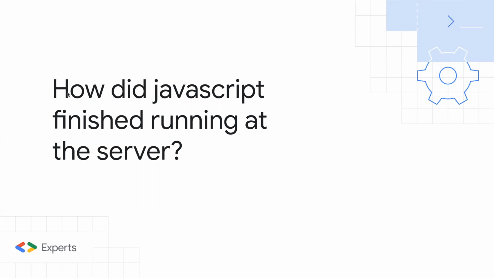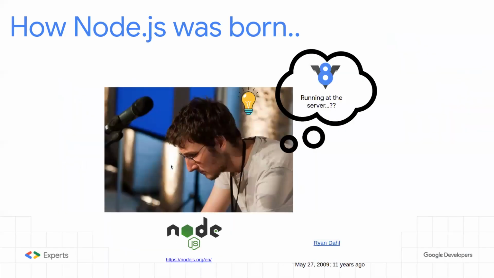But how did JavaScript end up running on the server? This is really interesting, and it was a really awesome idea. What happened is that Ryan Dahl, who is actually the creator of Node.js, basically thought, what happens if I take the V8 engine from Chrome and I put it into the server?